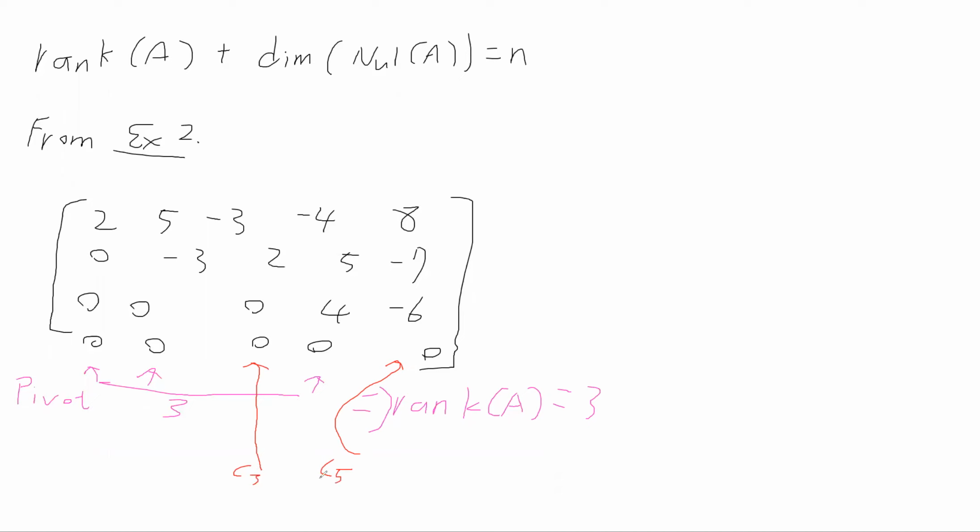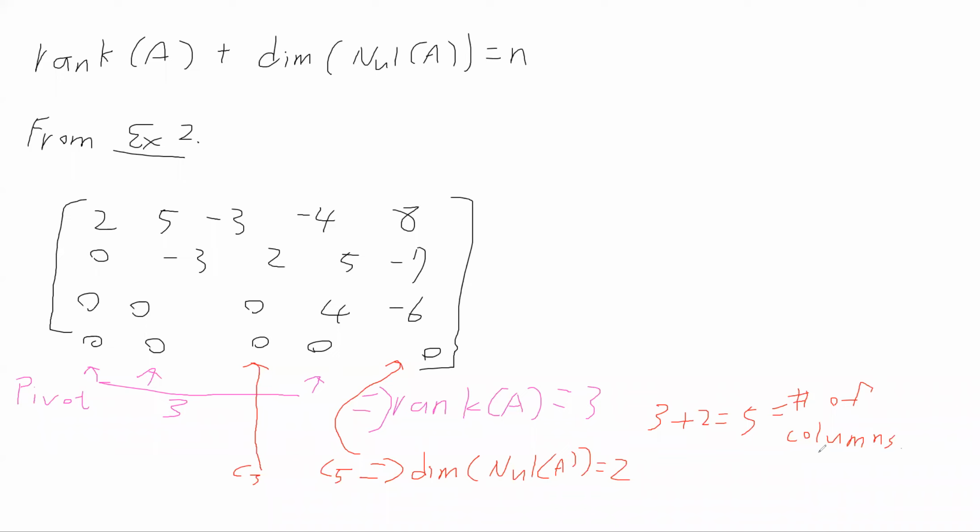They are non-pivot columns. So the number of non-pivot columns will tell you the dimension of the null space of A, which is 2, right? And then when we add these two, 3 plus 2, which gives us 5, which is equal to the number of columns in that matrix. Okay.